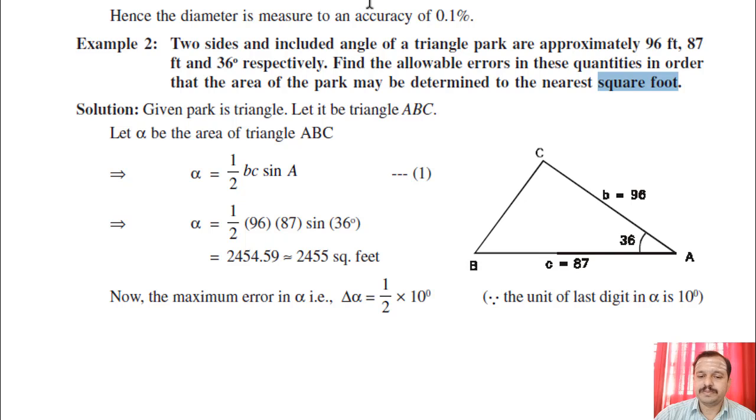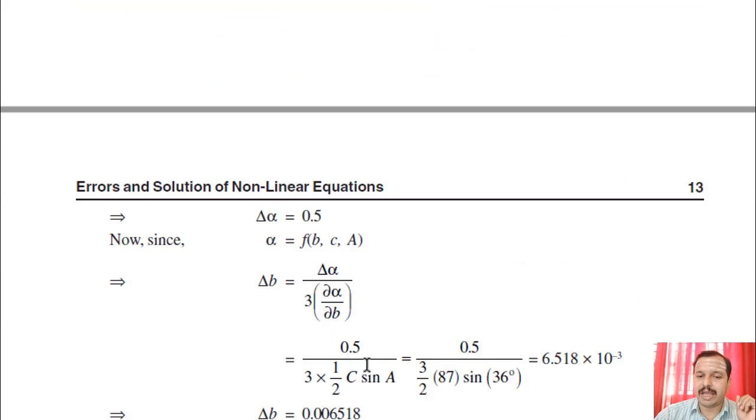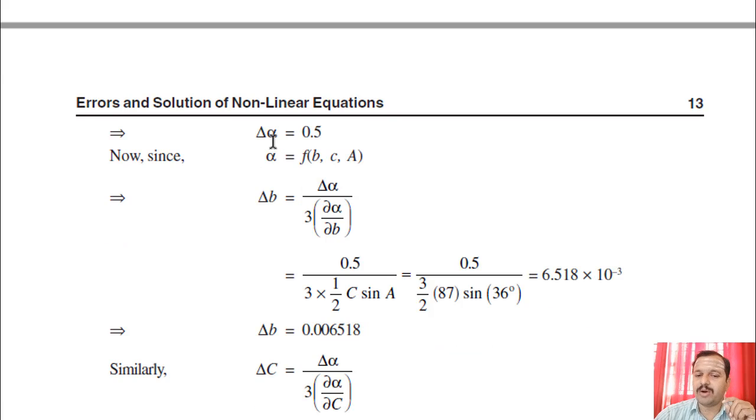Now, so delta A, error in area, we have computed it as 0.5. Now we know that area is a function of two sides and an angle. Therefore, we can have delta B equals to delta A divided by n, where n is 3 here. We are directly writing this from the formula.